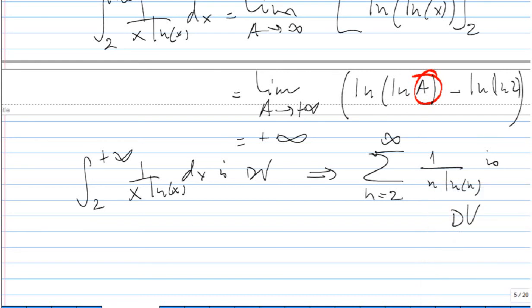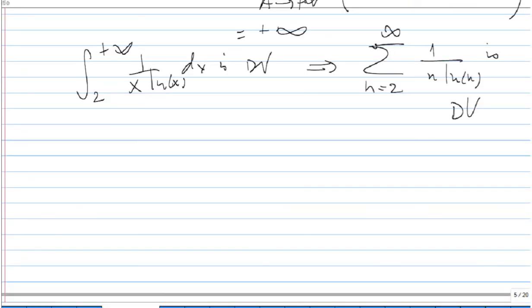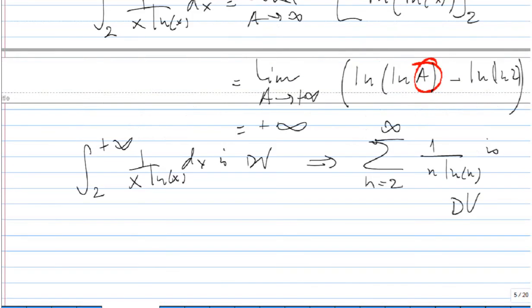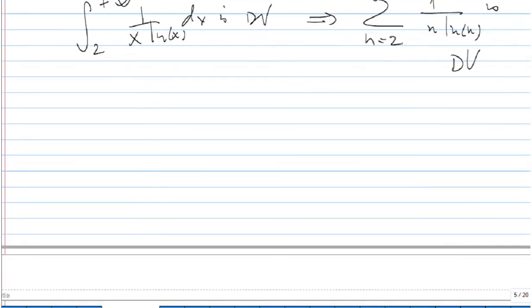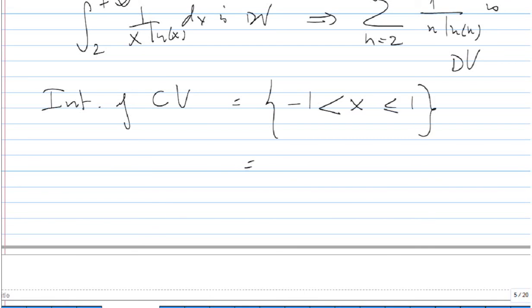So this implies that the domain, or the interval of convergence, is minus 1 is out and 1 is in, or if you prefer, the interval (-1, 1], where 1 is in and minus 1 is out.